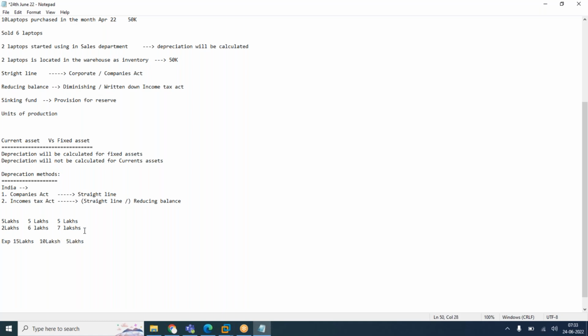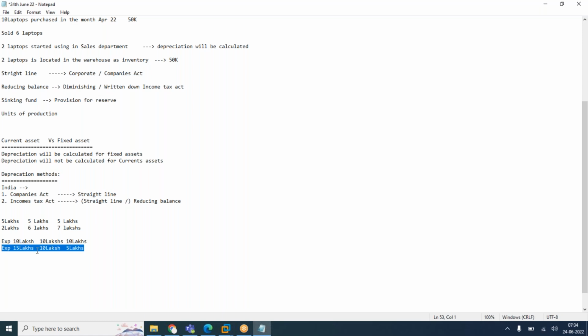The government has given a provision so that you can book expenses: 10 lakhs in the first year, 10 lakhs the next year, and 10 lakhs the next year. In this option, will I go with this one or this one? This is expenses booking in the system.